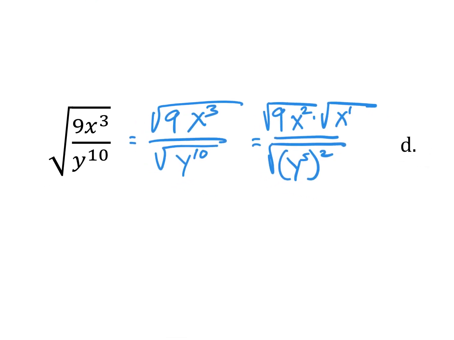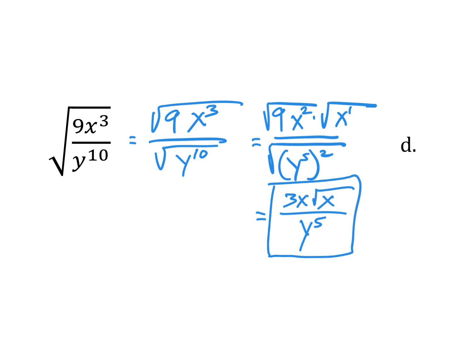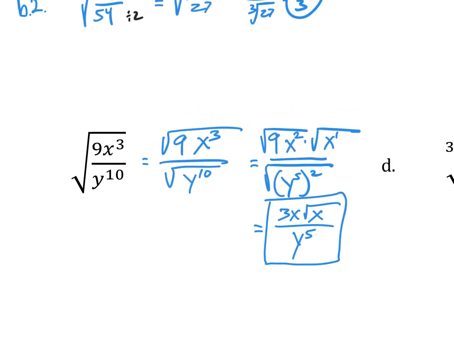Okay, so that leaves us with, on bottom, y to the fifth. On top, the square root of 9 is 3, and the square root of x squared is x. And then we have this leftover square root of x that's just kind of hanging out. We can't do anything with it because the exponent is 1.